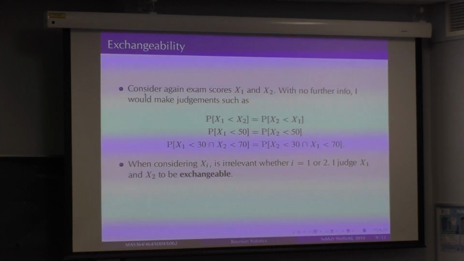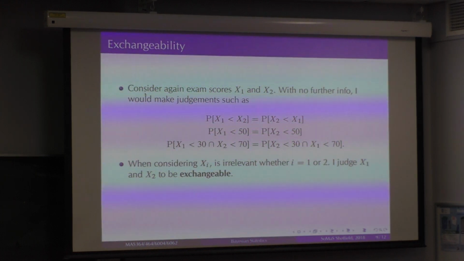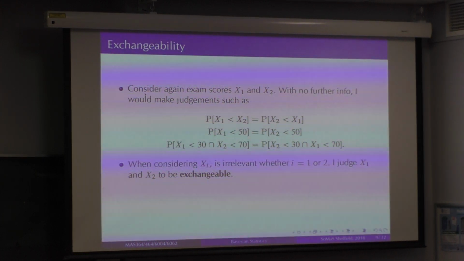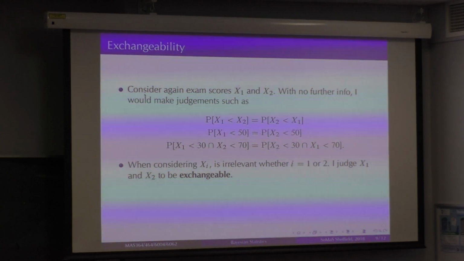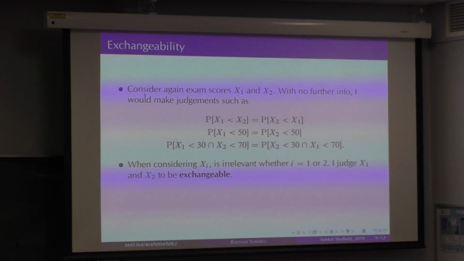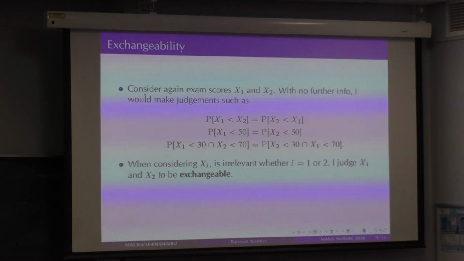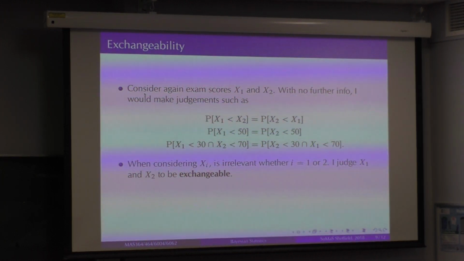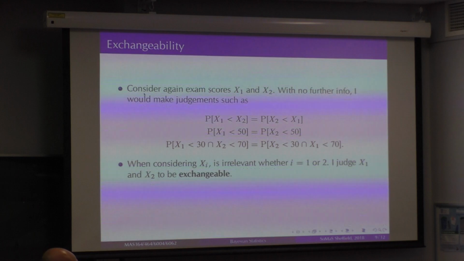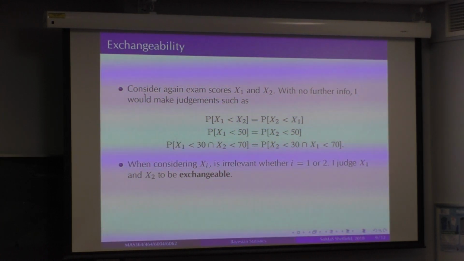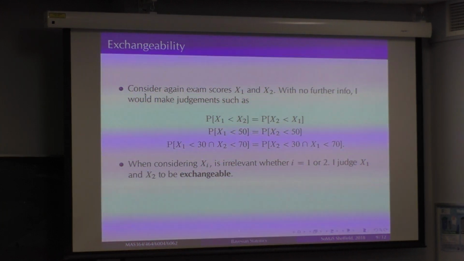So think again about these two exam scores example, right? Before knowing the actual scores, would you think that the probability of the first score being larger than the second one will be the same if you take the permutation, if you think about the probability of the second score being higher than the first one, right?